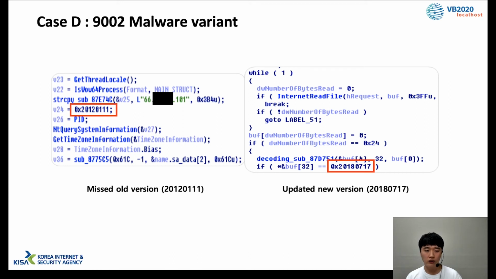The 2012 January 11th version value is used for the first connection, but the 2018 July 17th version value is used for all other communication. This seems to be accidentally missing when updating the existing version of the malware.